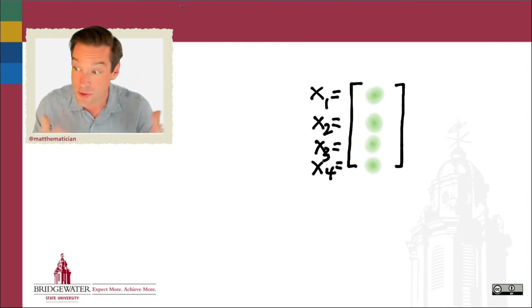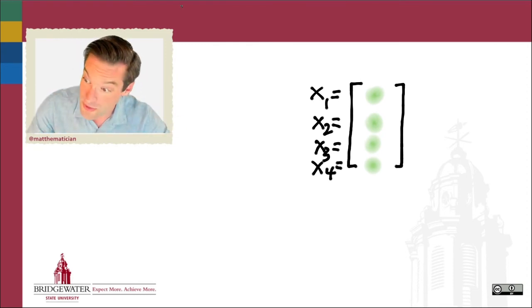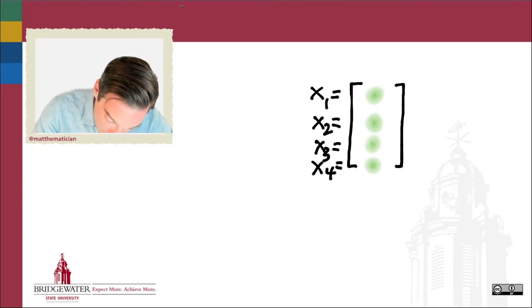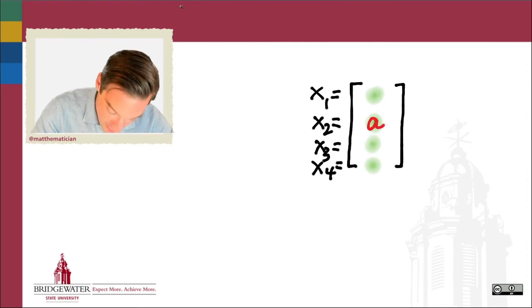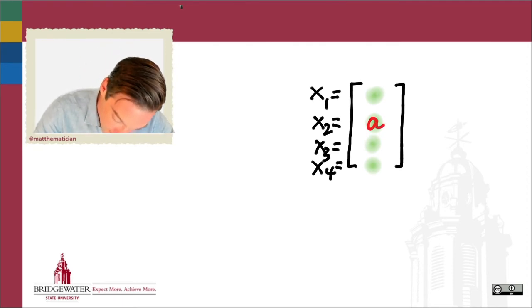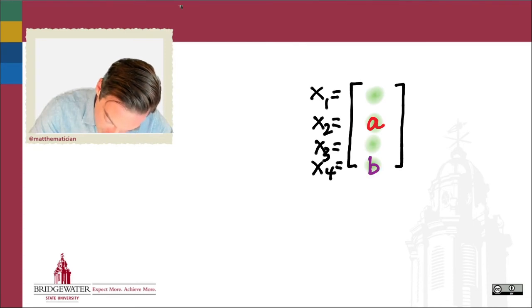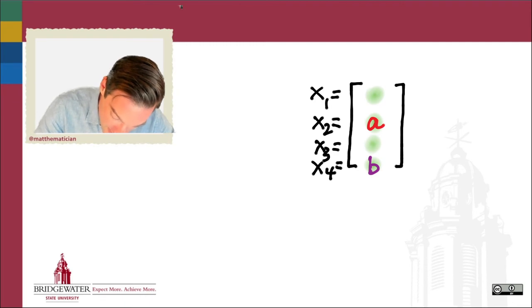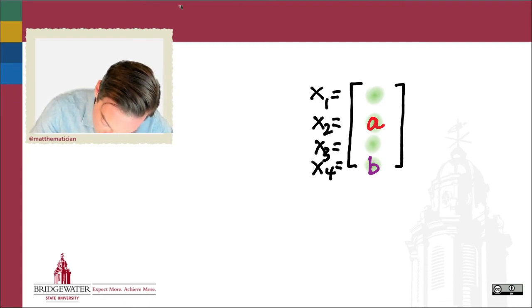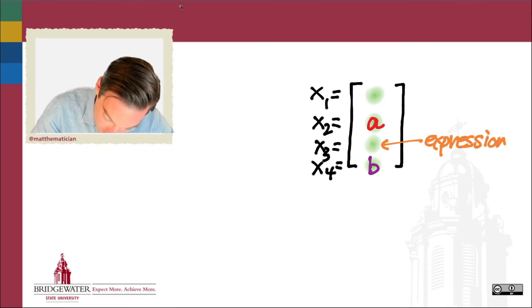And so what we're really doing when we're trying to describe one of these solution sets is, once we decide that x2 can be described by some meaningless parameter a, and that x4 can be described by some meaningless parameter b, then we have to figure out what x3 can be described by and what x1 can be described by, and these are going to probably be expressions involving a and or b.